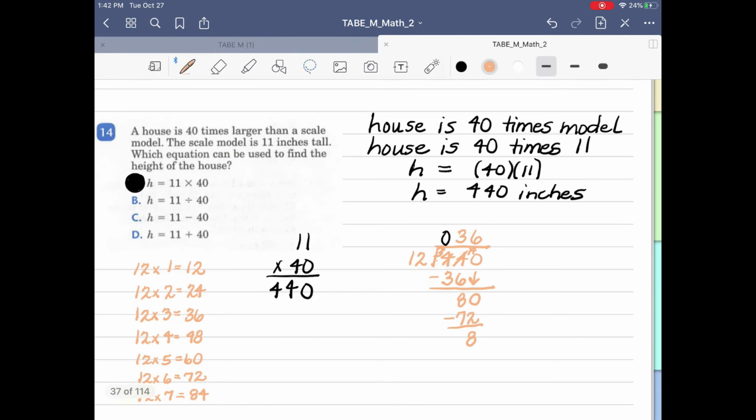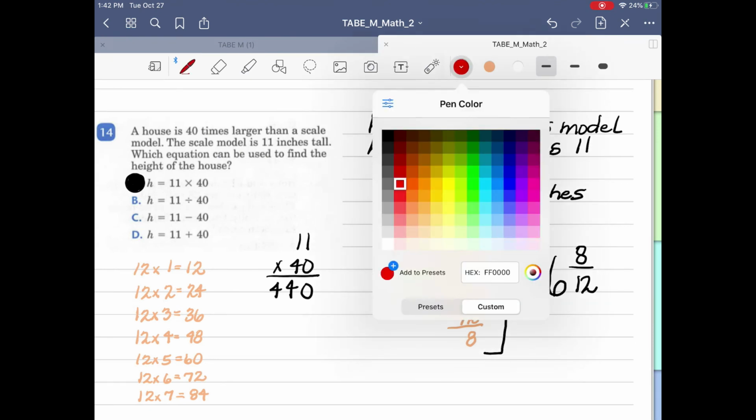So remember, when we wrote fractions and mixed numbers, this is going to be 36 times 8 over 12. So remember, you have quotient R over D, QRD. 36, 8 over 12. Now that 8 over 12 will simplify.